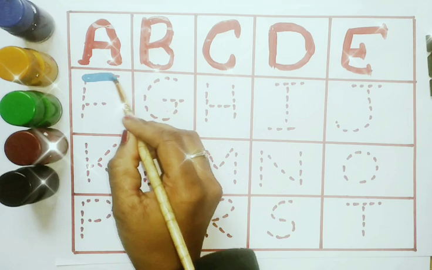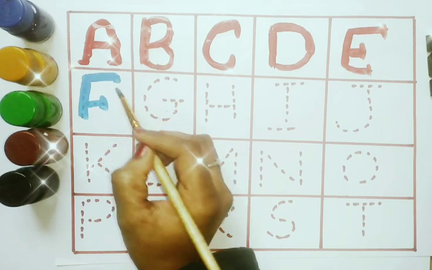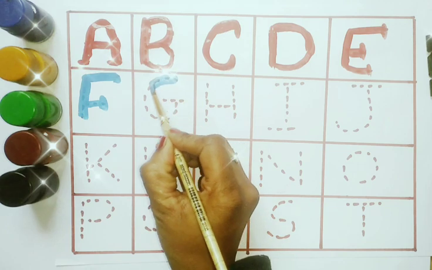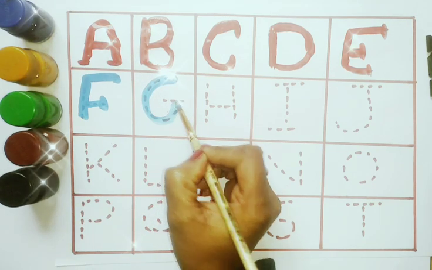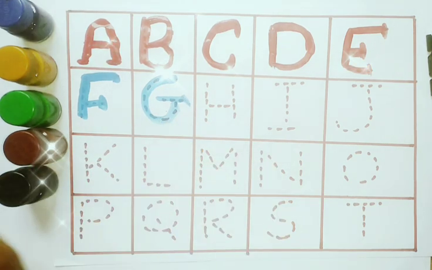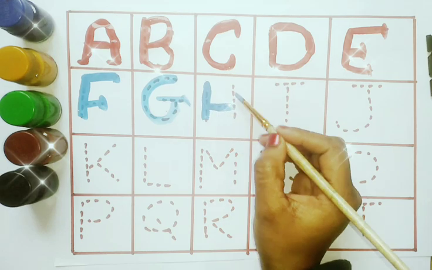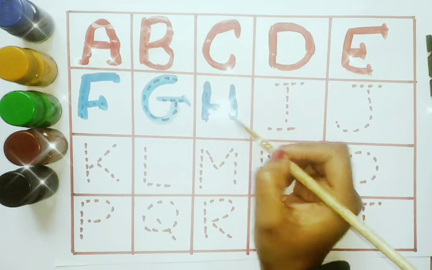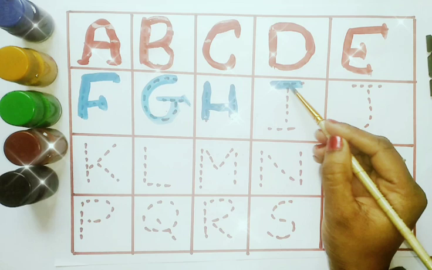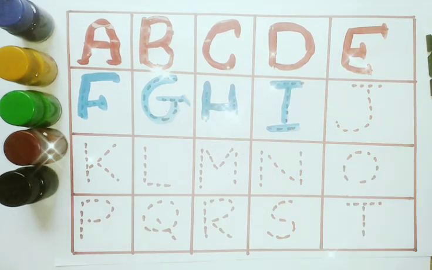Sky blue color, F for fairy. G for goat. H for hippo. I for ice cream.